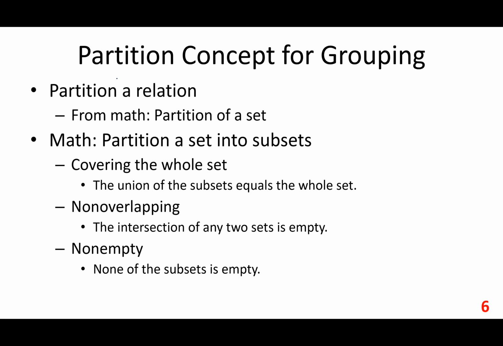After you understand this partition concept well, when we do grouping, when we define subgroups, you will get an idea of the right way to define subgroups. In the math, subsets, we treat as groups or subgroups.